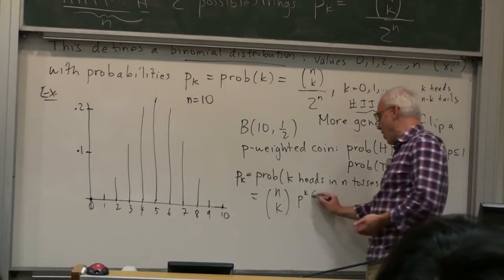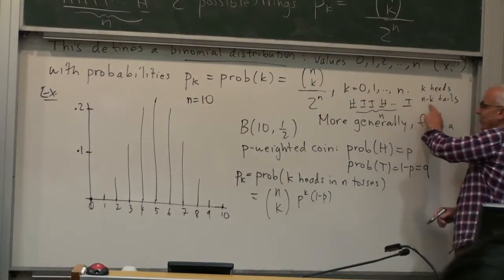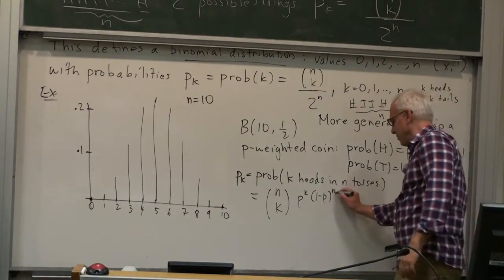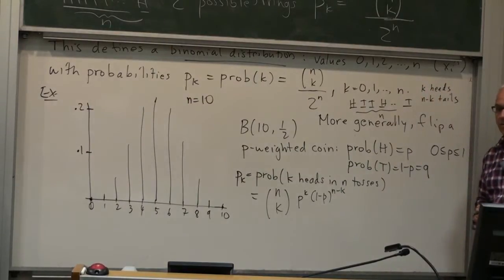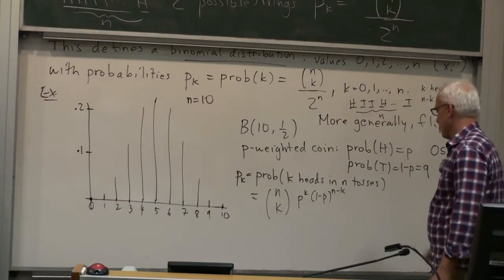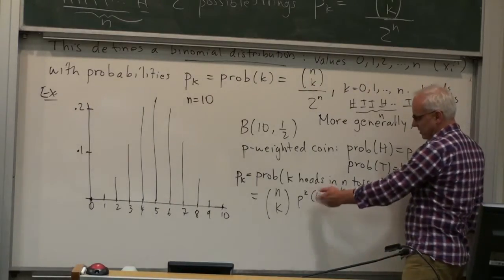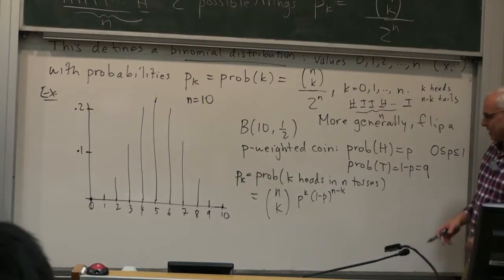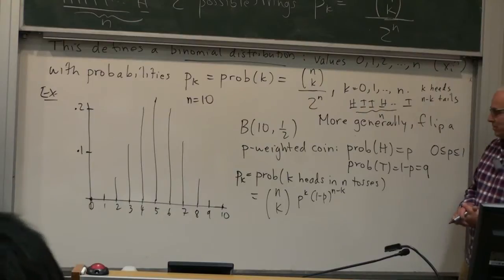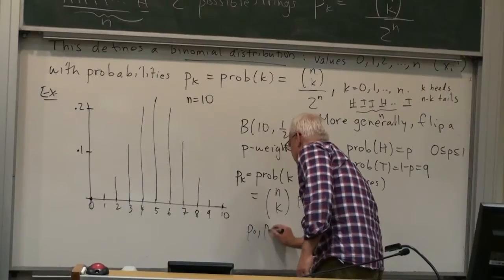And we have to multiply by 1 minus P times 1 minus P, as many as there are tail positions. That's N minus K. So in the case when P is equal to a half, well, this all simplifies to just 1 over 2 to the n. But when P is not equal to half, it's a little bit more general.